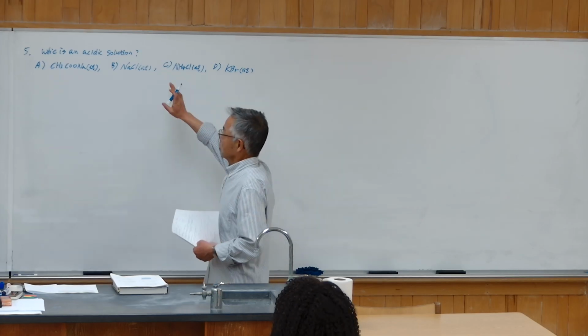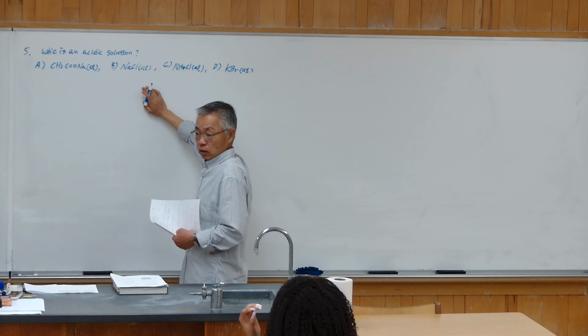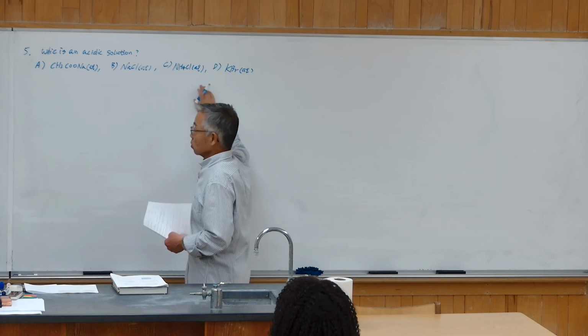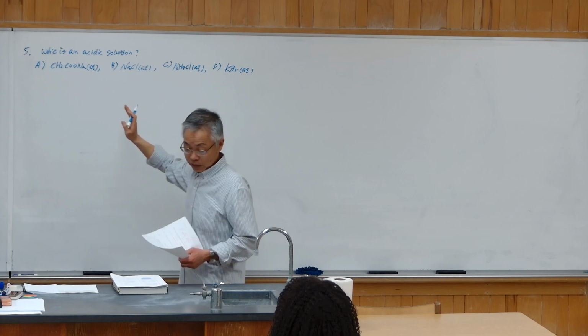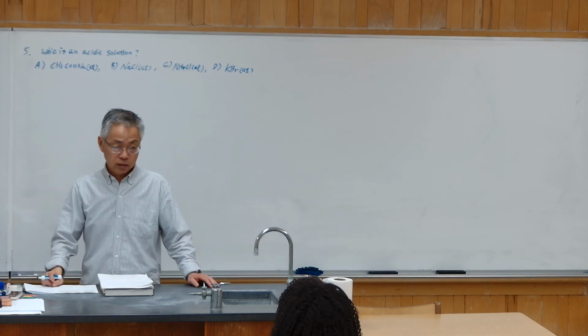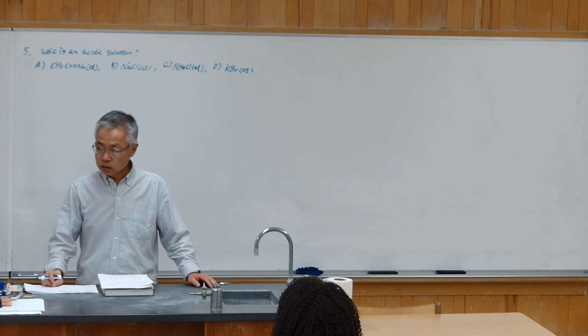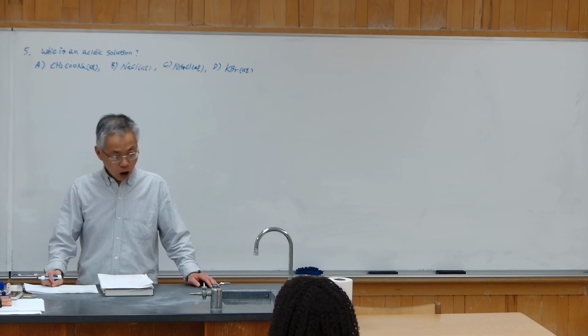Okay, so which one is an acidic solution? This is all salt, right? And by the way, do you remember what salt means? Salt comes from an acid reacting with a base. So any salt is an ionic compound.